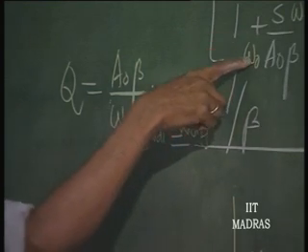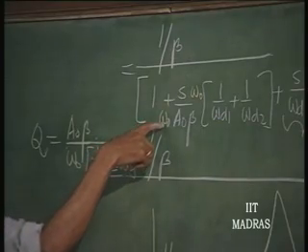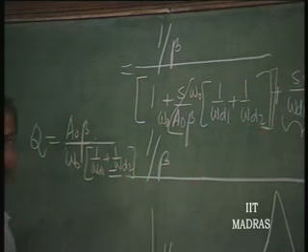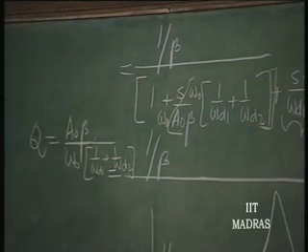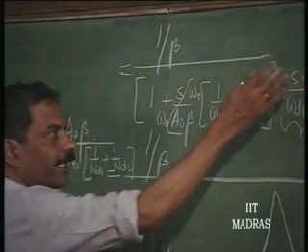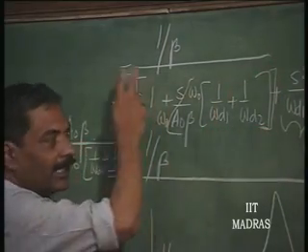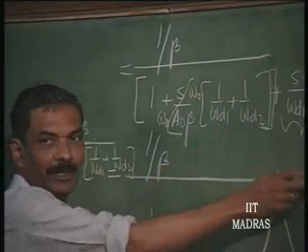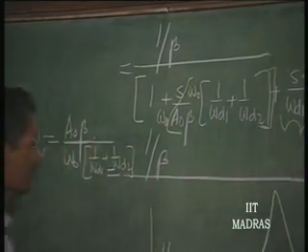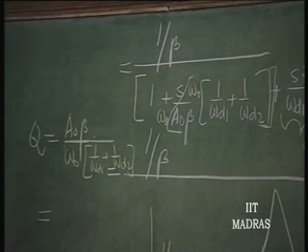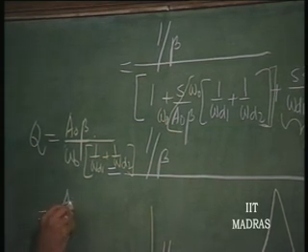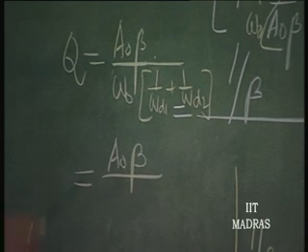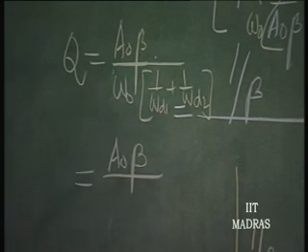If I divide by omega naught and multiply by omega naught, this factor is nothing but 1 over Q. You have been habituated to writing this as a normalized component as 1 plus S by omega naught Q plus S squared by omega naught squared. So, this is going to be equal to A naught beta. You can see Q is directly dependent upon A naught into beta, the loop gain, and what is omega naught?